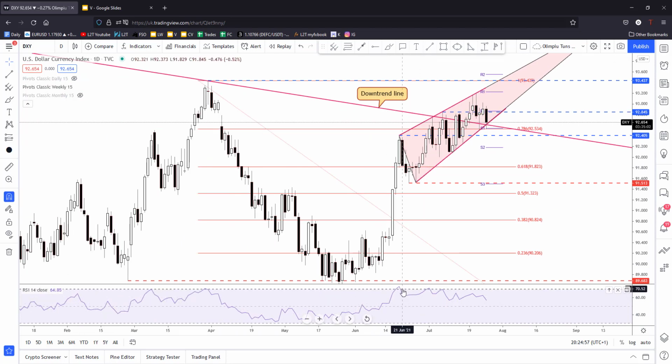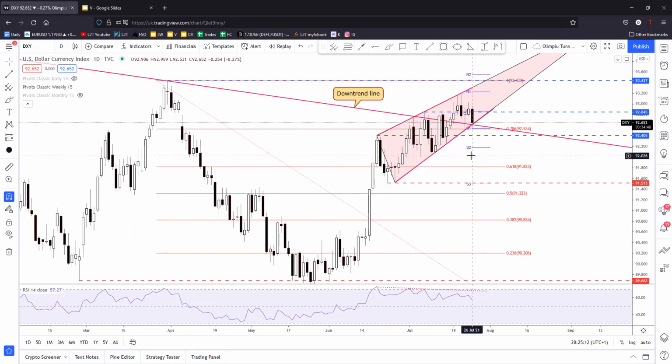You can see here on the daily that we have a bearish divergence, lower highs, higher highs, but as long as the price continues to stay within this pattern, the bias is still bullish. As long as it stays above the uptrend line, the bias is bullish.